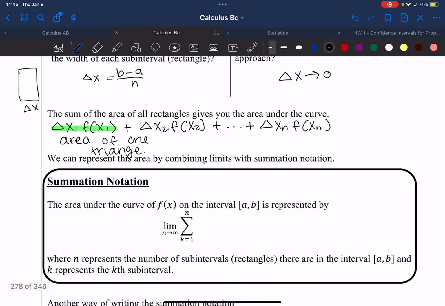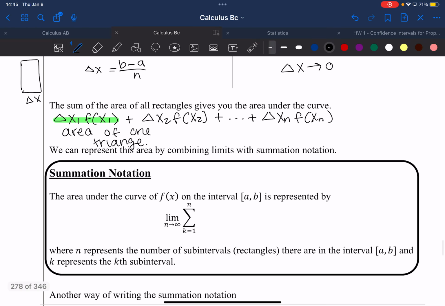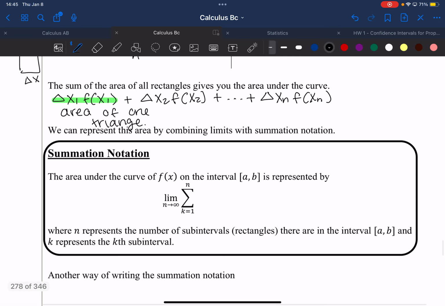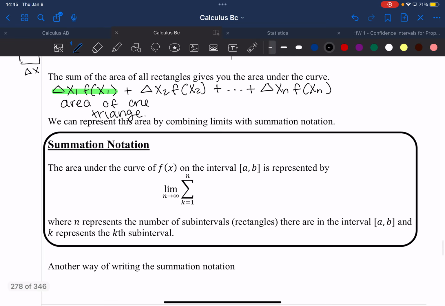However, this goes back to us saying, would you want to calculate the area of 1,000 rectangles and add them all together? That's going to take a very long time. So instead of writing it like this, where we're adding up all the areas, that is where the summation notation comes into play.